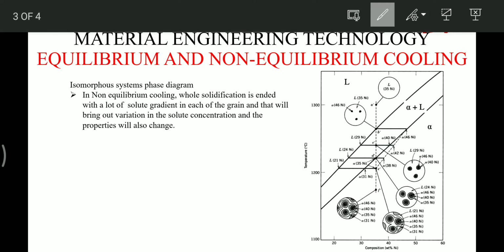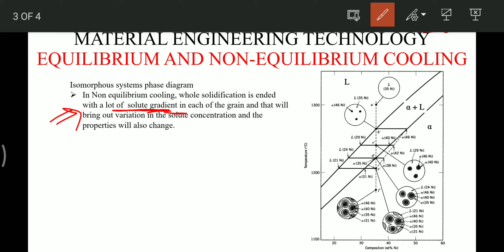Now when we cool in the non-equilibrium way, basically in the non-equilibrium cooling, the whole solidification ends with a lot of solute gradients. Okay, so this is the main difference. Over there was no solute gradient, because we have given enough time to the solute for redistribution.